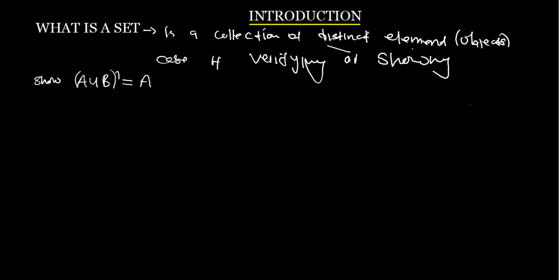We proved this one as the first one to prove. All right, and we have been given, let's say, the universal set is equal to 1 2 3 4 5 6 7 8 9 10, like that.